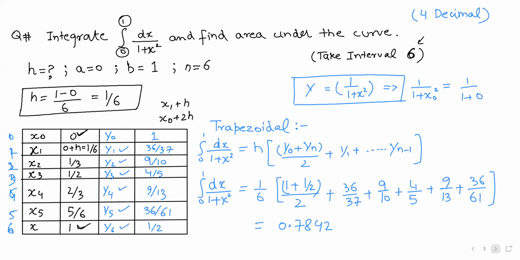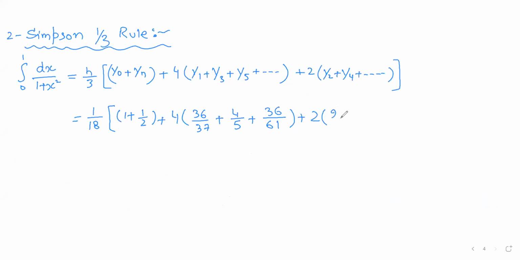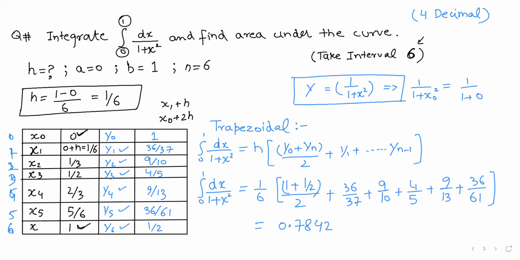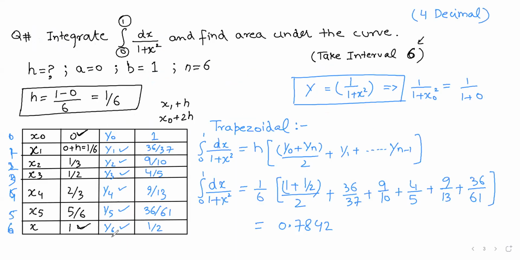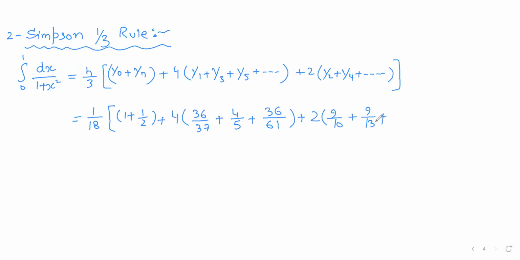So y2 is equal to 9 by 10, plus y4 is equal to 9 by 13, plus y6 which is equal to 1 by 2.